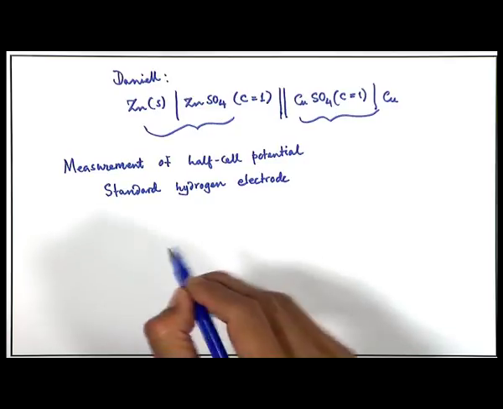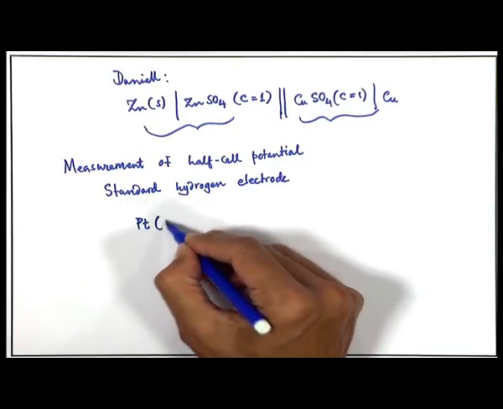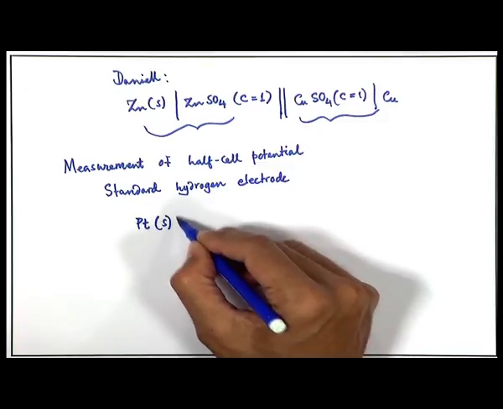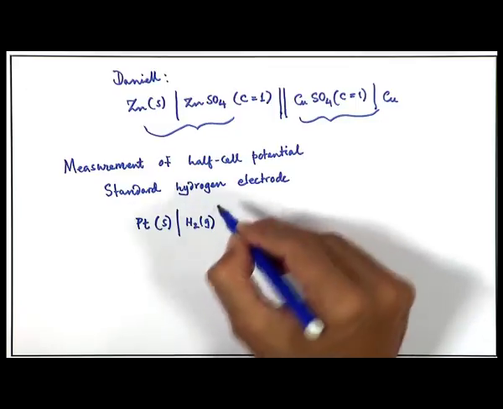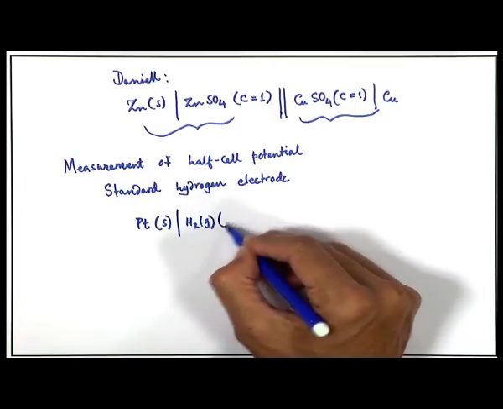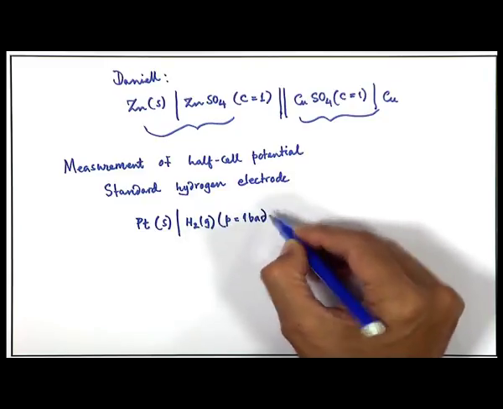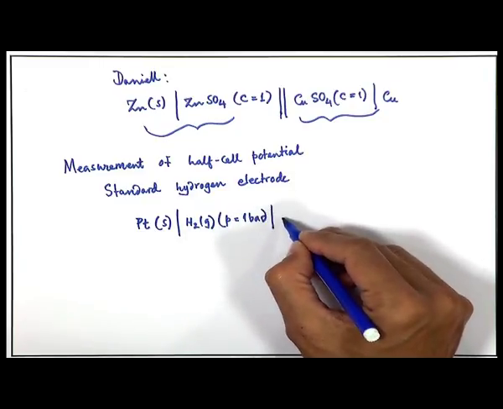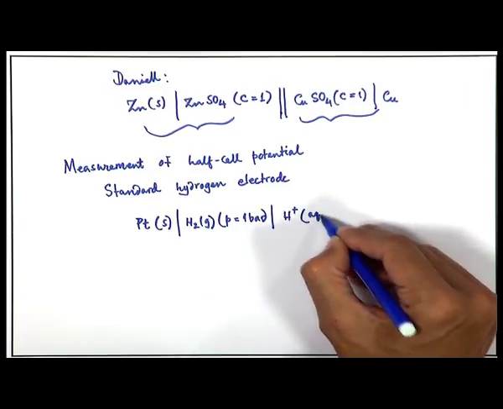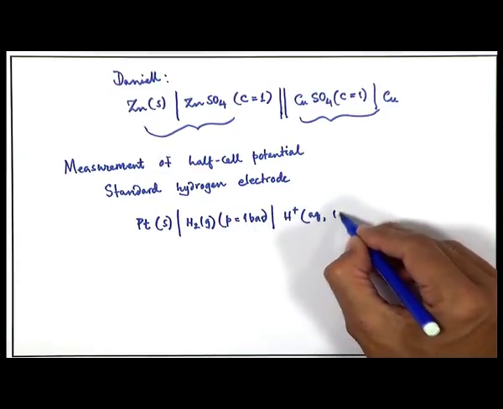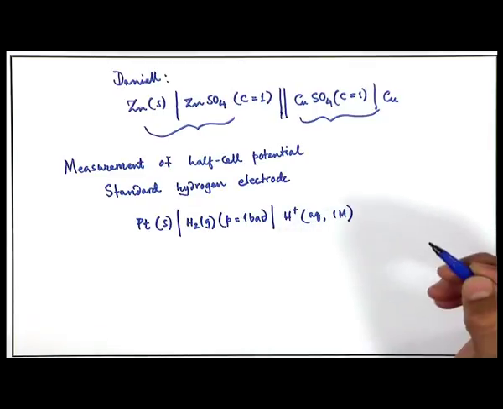So, it is basically represented like this: Pt solid, then H2 gas at 1 bar, P 1 bar, then H plus, that means acid aqueous, it is 1 molar, maybe 1 molar HCl.